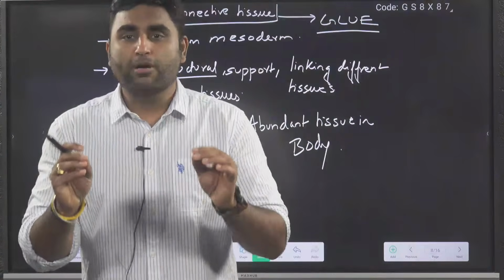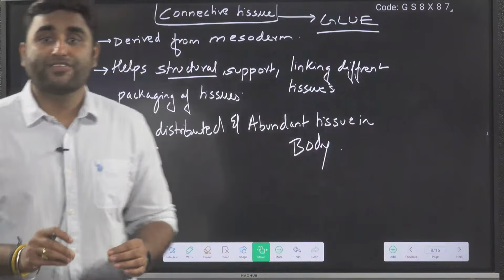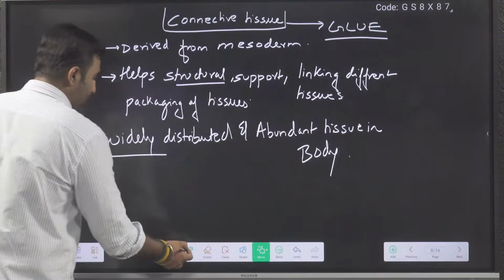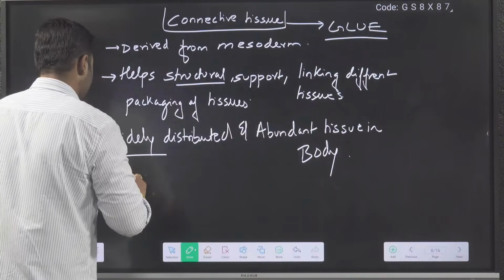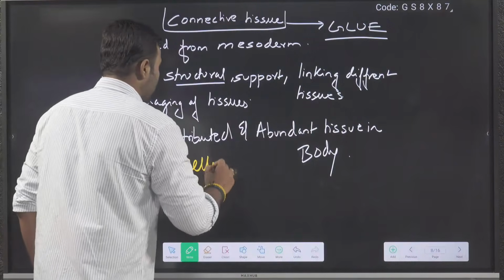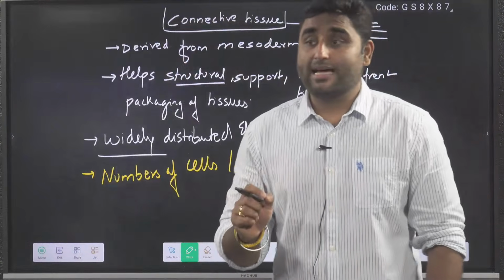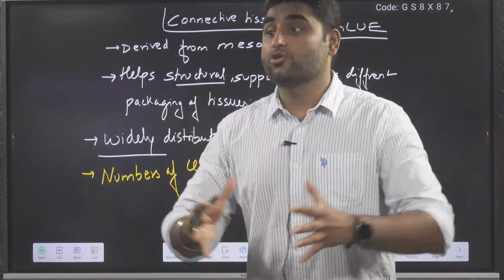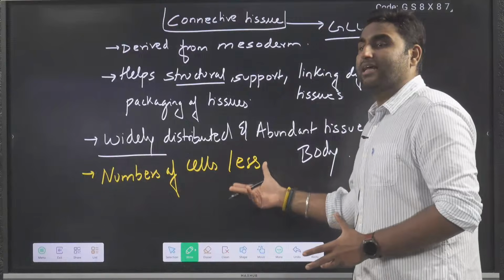No. The number of cells is very small in connective tissue compared to epithelial tissue. Epithelial tissue has a very large number of cells compactly packed. Here the number of cells is less.